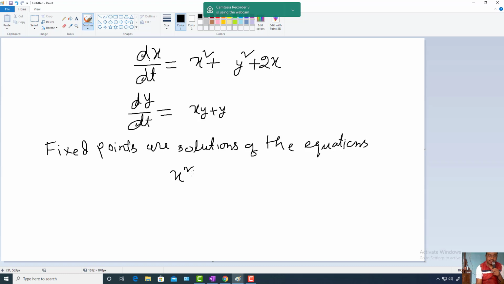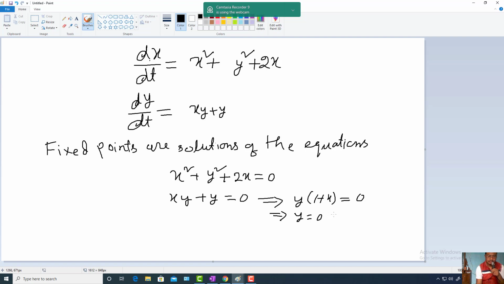That is, x squared plus y squared plus 2x is equal to 0, and xy plus y is equal to 0. First look at the second equation. This equation equal to 0 means y(1 + x) = 0. So from here you get y is equal to 0 or x is equal to minus 1.